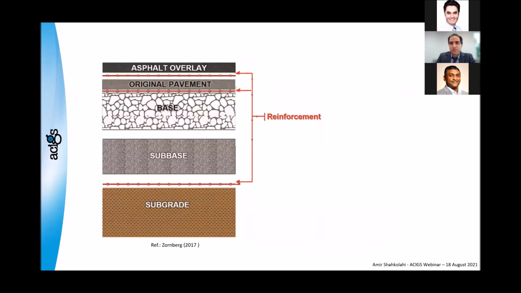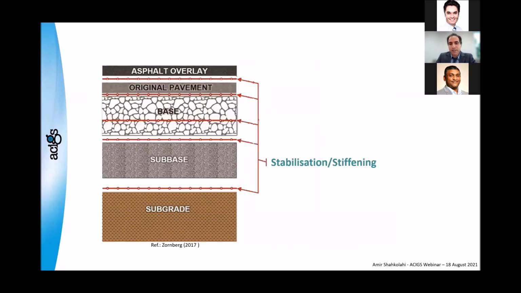As we all know, this is a famous graph by Dr. Zornberg. The reinforcement, mainly geogrids we are talking about here, can be on top of subgrade, between subgrade and subbase, or under the asphalt. These are the reinforcement sections that we get. If we want stabilization or stiffening, whatever we call it, then we can have it again between subbase and subgrade, or within the base material, or between subbase and base or asphalt.